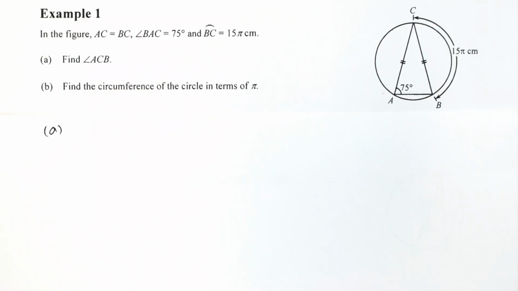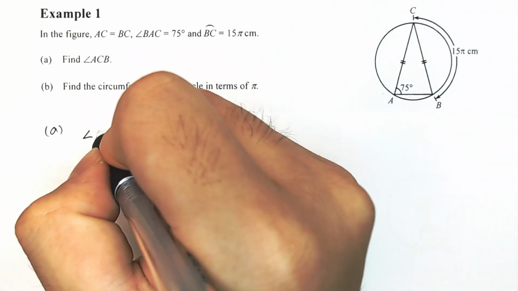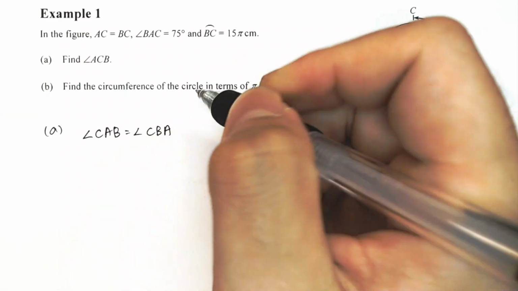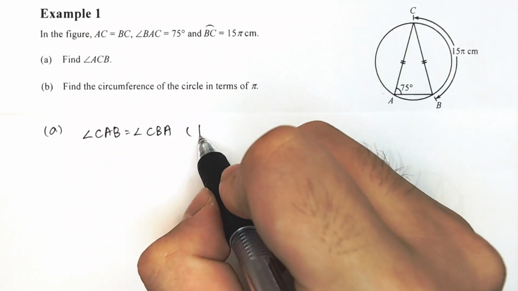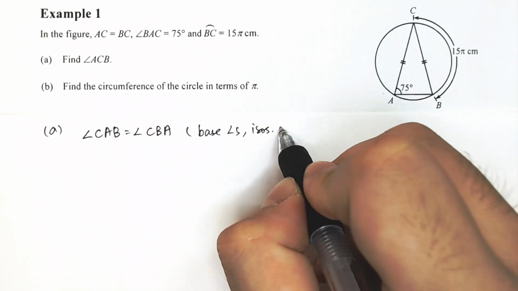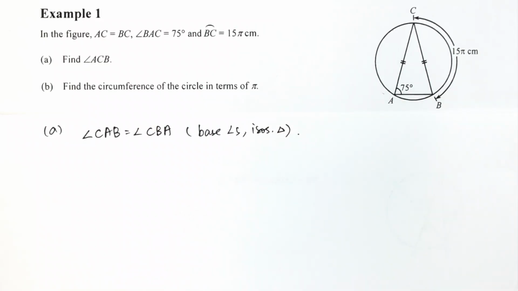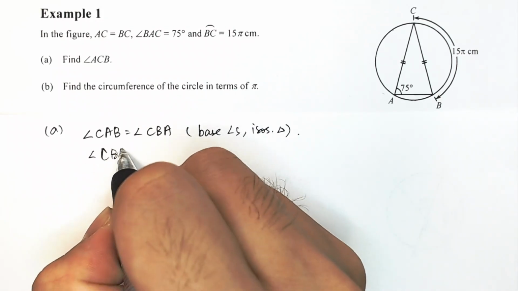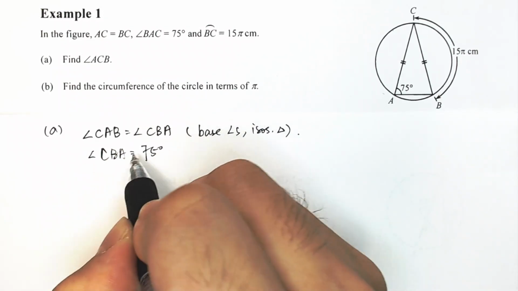To find angle ACB, we know that first, angle CAB is equal to angle CBA, which is base angles, isosceles triangle. And thus angle CBA is 75 degrees.